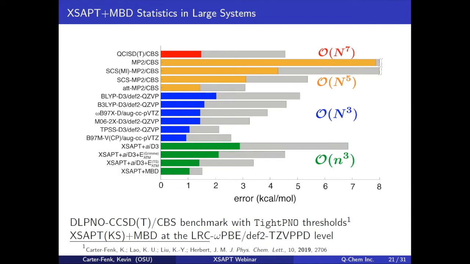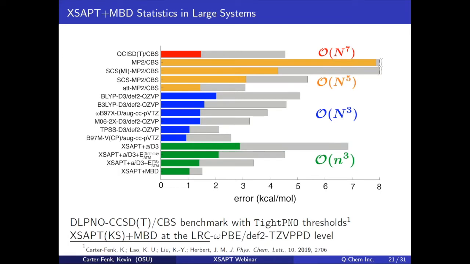And this plot represents the mean absolute errors of all of these different methods, and all of the methods are color coded by the cost of computing the interaction energy.